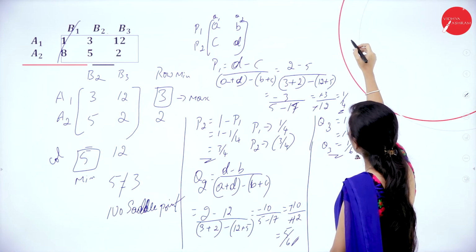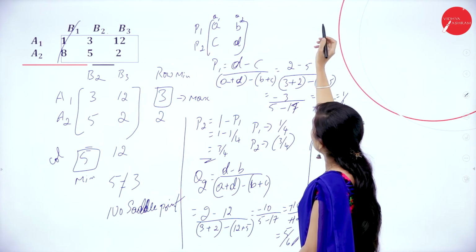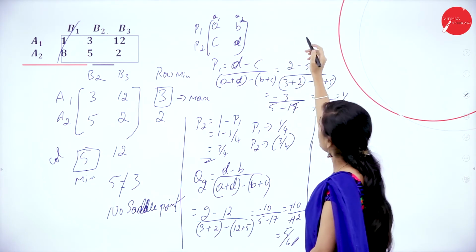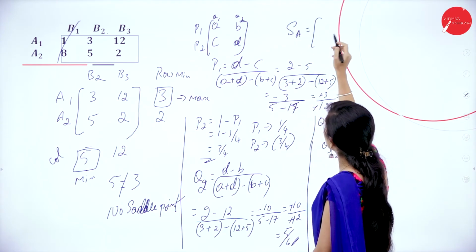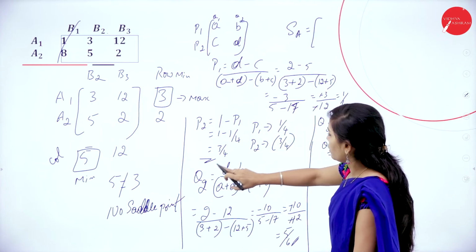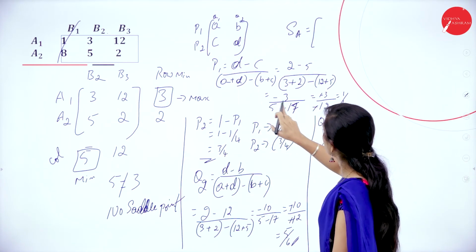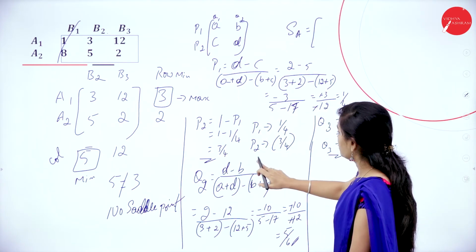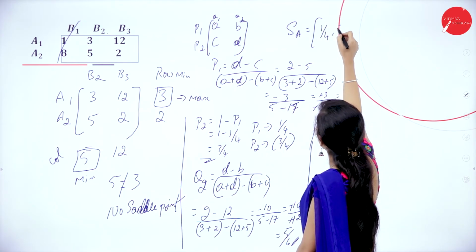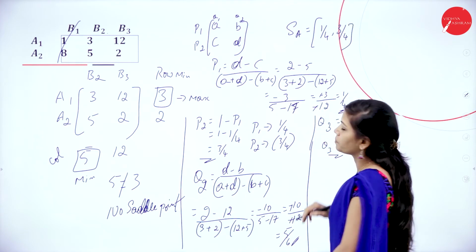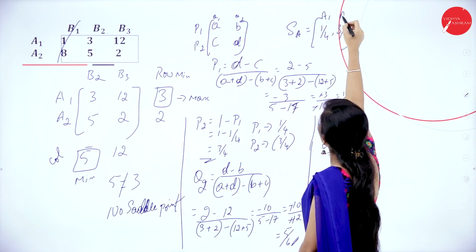Therefore, the optimal strategy for both players. For player A, P1 value is 1 by 4 and P2 value is 3 by 4, that is A1 and A2.